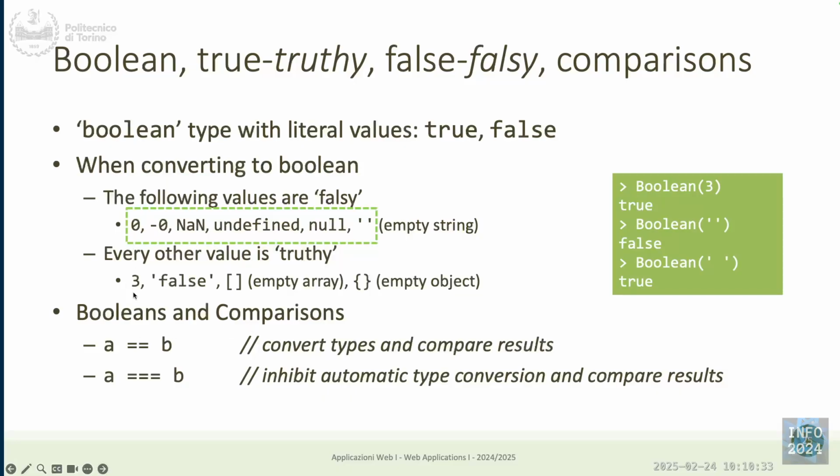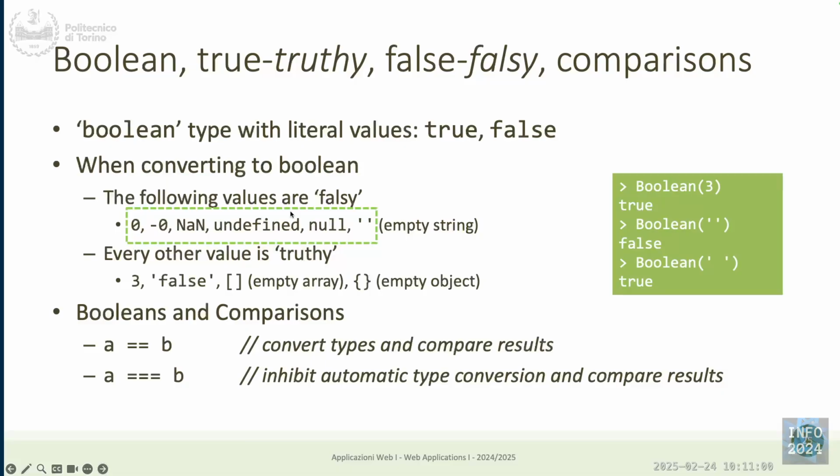We have that in all the other languages, so 0 is not a surprise, but the empty string here is an asymmetry. So usually we call truthy all the values that are true or convert to be true, and falsy all the values that are false, the false constant, or they're converted to be false, which is actually these 5 values.